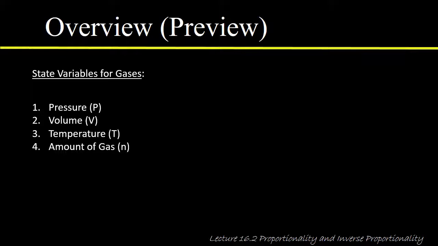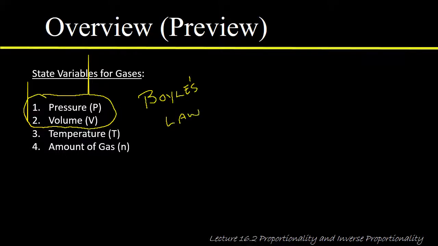What we find, though, if you look at any of these, this particular pair of variables, pressure and volume, are related by what's called Boyle's law. And if you go in textbooks or go online and look up Boyle's law, you'll find that the relationship between pressure and volume can be written in a whole bunch of different ways.